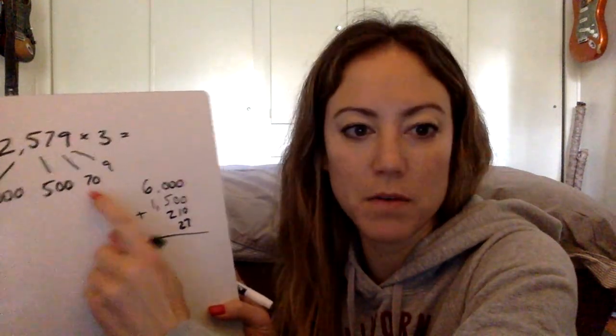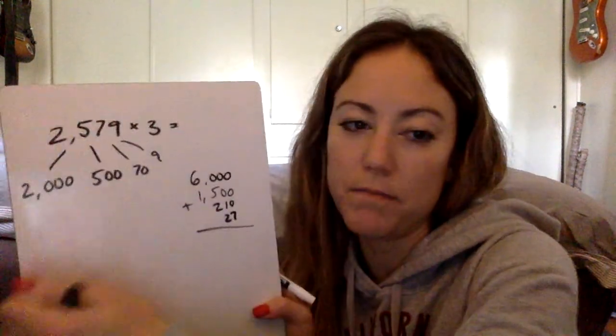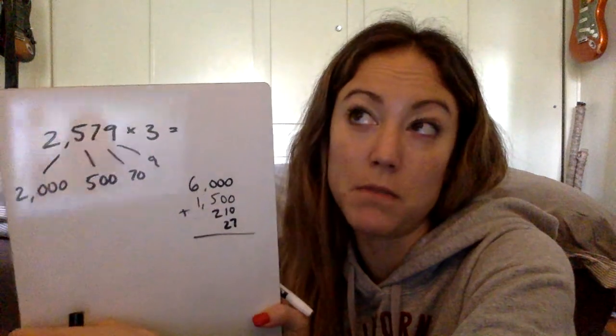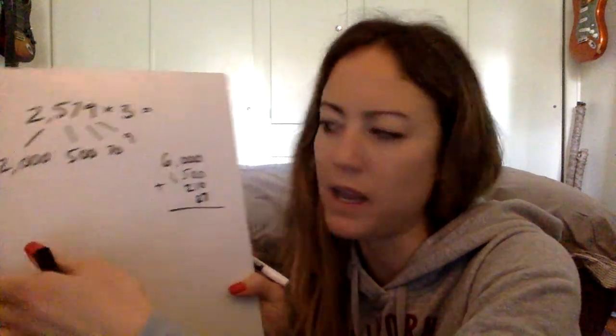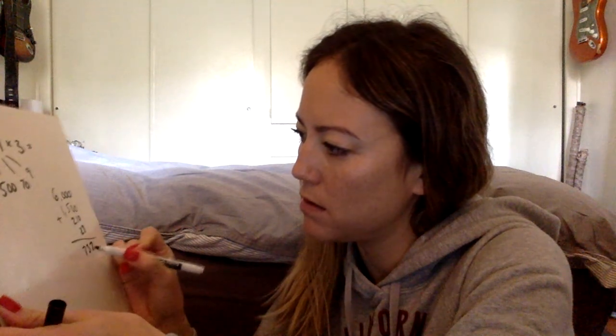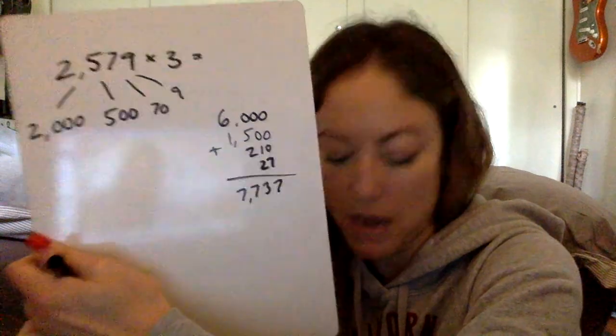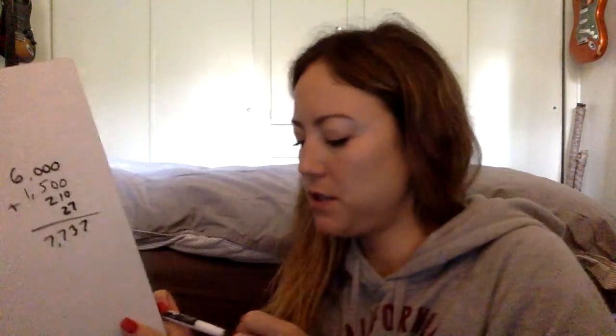So we learned yesterday that if you break it apart in expanded form and multiply each one and add them together, you would get the same answer as if you multiply it by the multiplication algorithm, which we're going to learn later this week. So this would be 7,737.